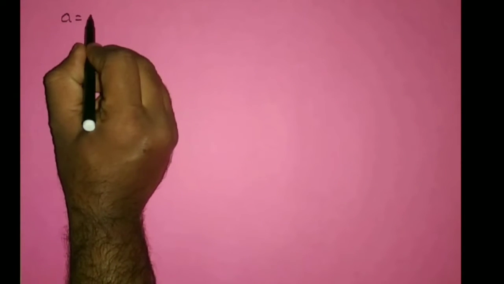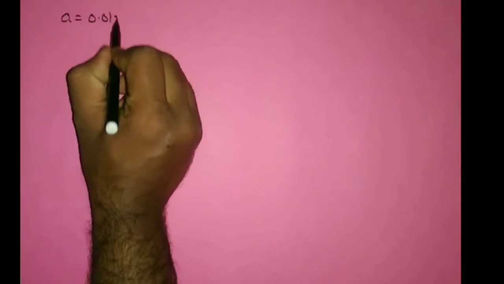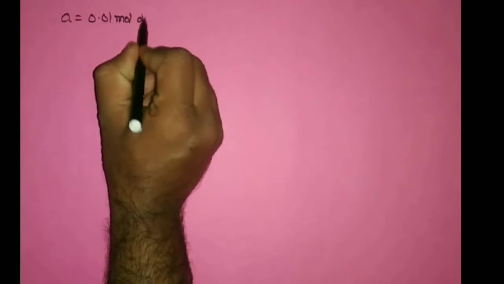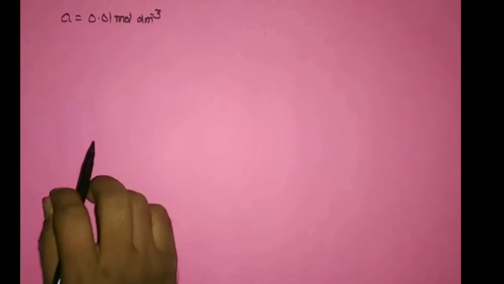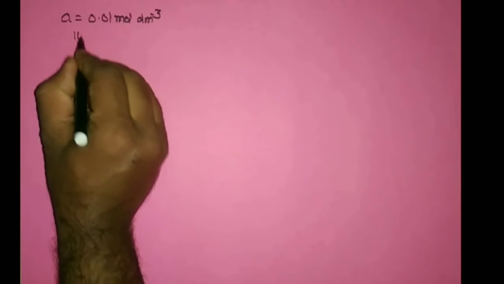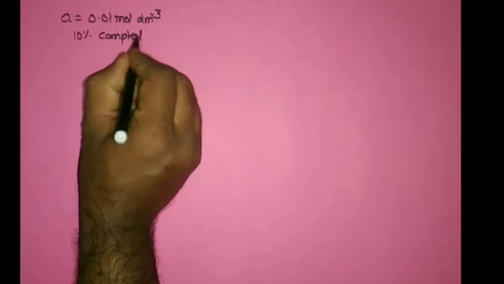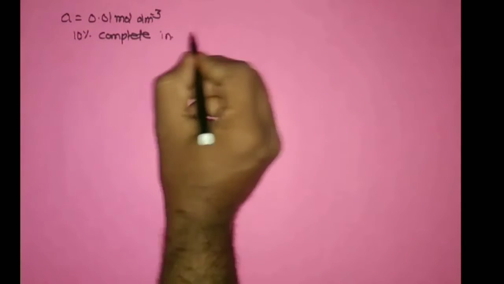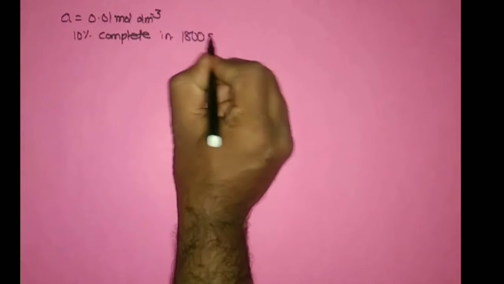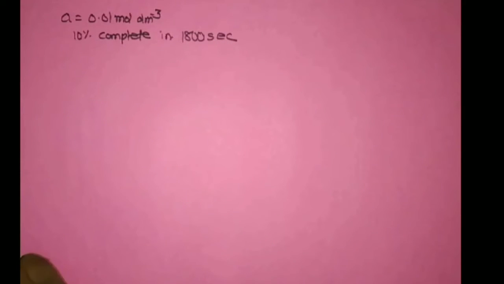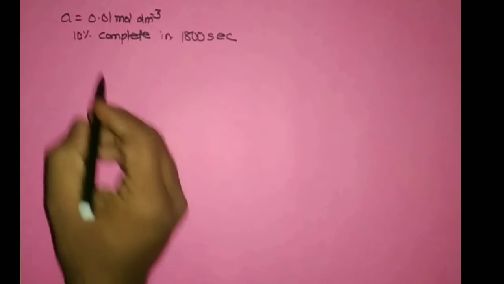Now in this case initial concentration is given, that is a equals 0.01 moles per dm cube, and it is also said that the reaction is 10% complete in 1800 seconds. So using this data we'll try to calculate the value for the rate constant.